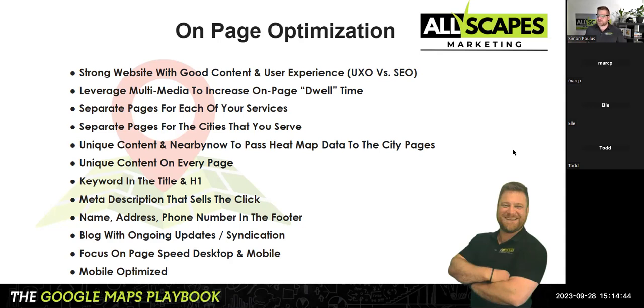Separate pages for each of your services and cities that you serve, okay? Unique content, and you can utilize tools like Nearby Now for review generation, which actually passes heat map data to those location pages that you have, and sends signals to that page to say, this is where the job was captured, where it was performed, and it creates a heat map of all the jobs that you performed inside your service area.